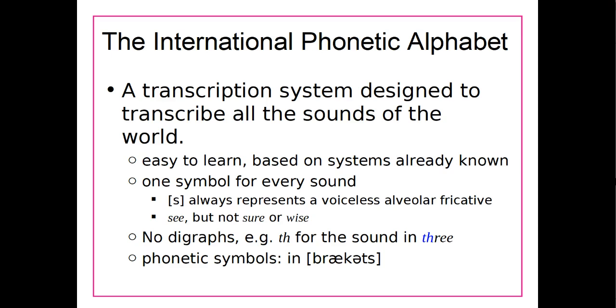And then another convention that I will mention here is that with the IPA, we will use square brackets, and inside those square brackets will be the symbols. So when we have square brackets, that indicates that we're talking about the IPA sound rather than, for example, the English letter. On that bullet point that says one symbol for every sound, we have the S inside brackets.